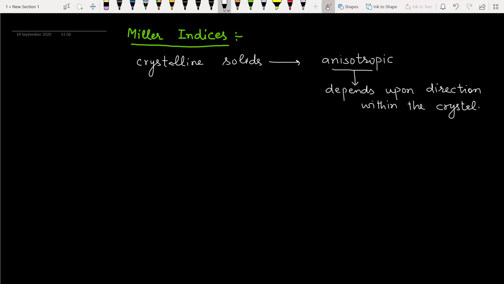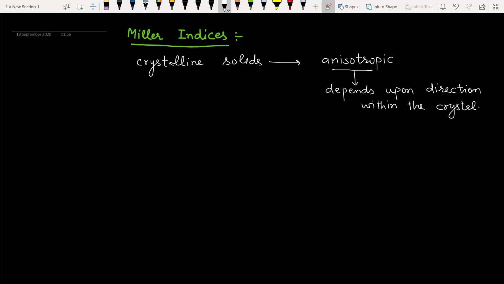But when we come to crystalline solids, atoms, molecules or ions are arranged in a well-defined pattern in three-dimensional space. So properties depend upon the direction in which we wish to measure them. These properties are called anisotropic in nature.